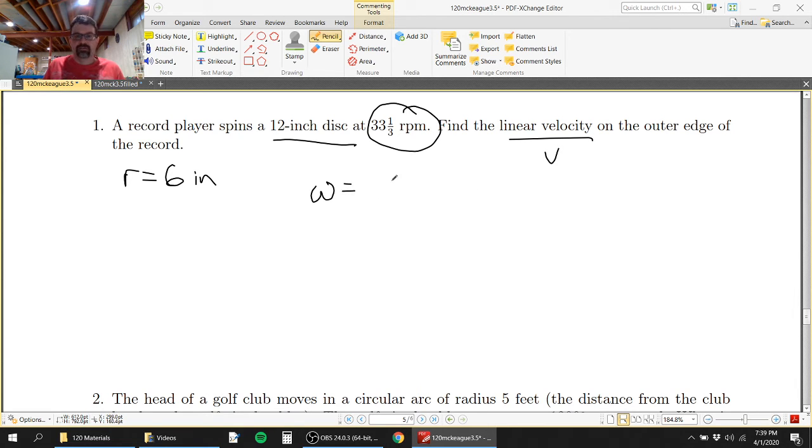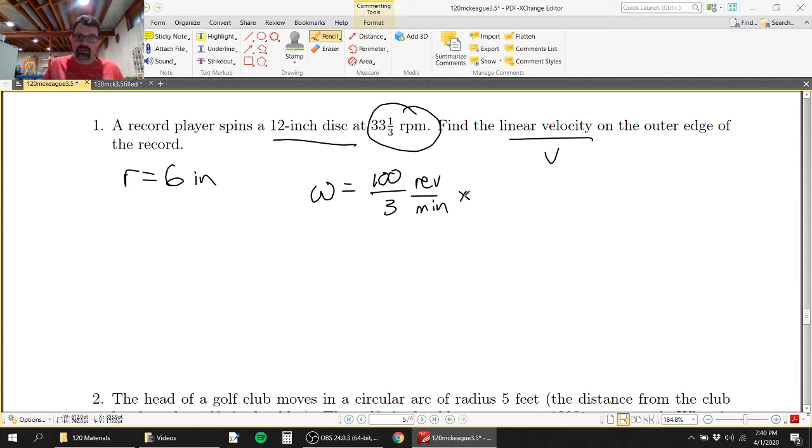So omega is 33 1/3, which for our computational purposes is actually better as an improper fraction. So how many thirds is that? Well, 33 wholes is 99 thirds, plus we got one more, so we have 100 over 3, and this is revolutions per minute.